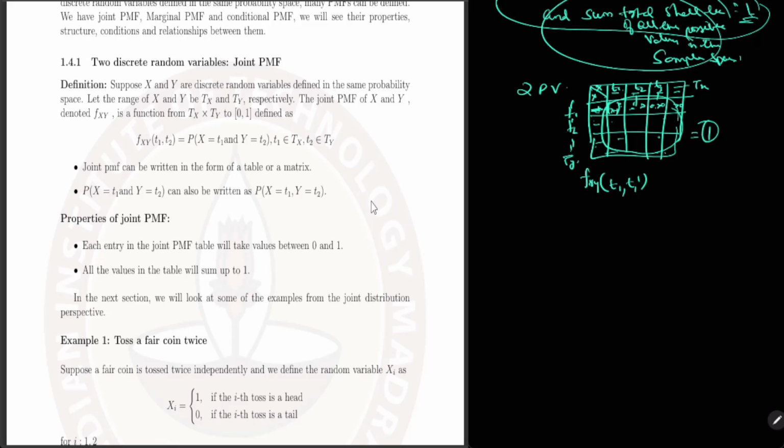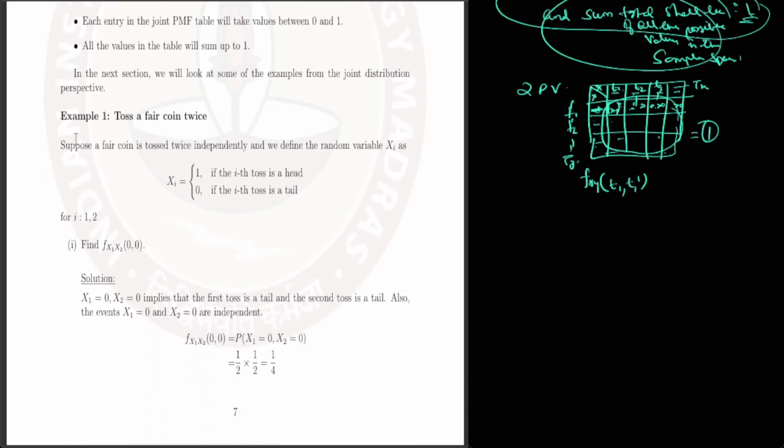Here is an example: toss a fair coin twice. Suppose a fair coin is tossed twice independently, and we define the random variable Xi such that its value will be 1 when it's a head, and 0 when it's a tail. We have X1 and X2, so we can define a table.